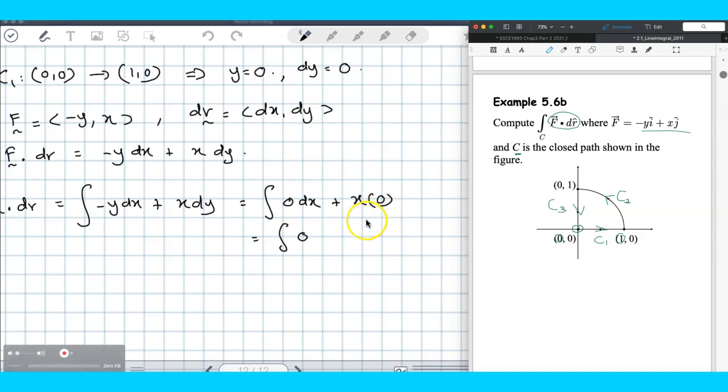Integrating 0 gives you a constant, but it ends up to be 0 because all the integrals here are 0.